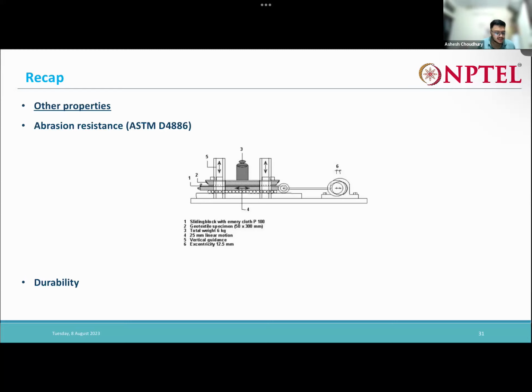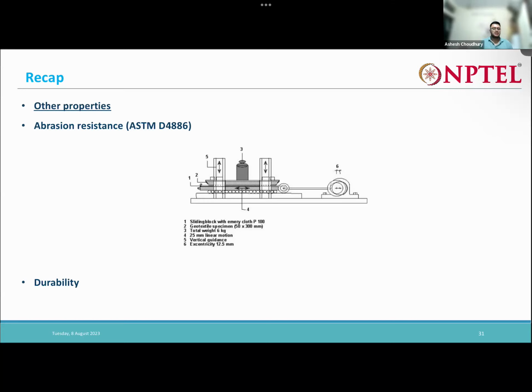Now next is the durability. Durability means, say, there will be weathering. Weather is going to affect the geotextile material: seawater, rain, sunlight, wetting and drying, all these things are going to affect its properties.